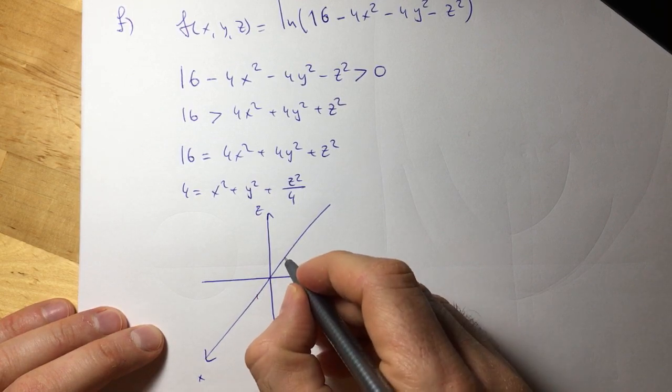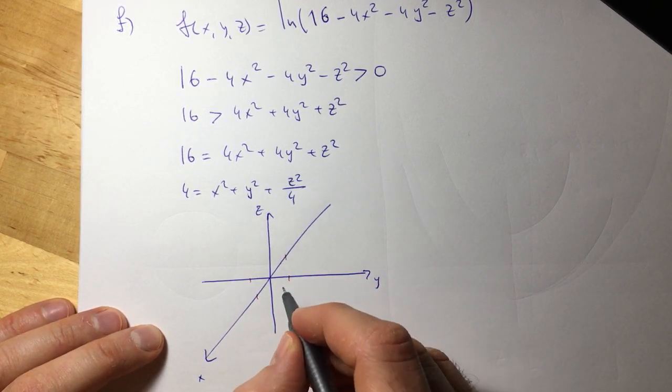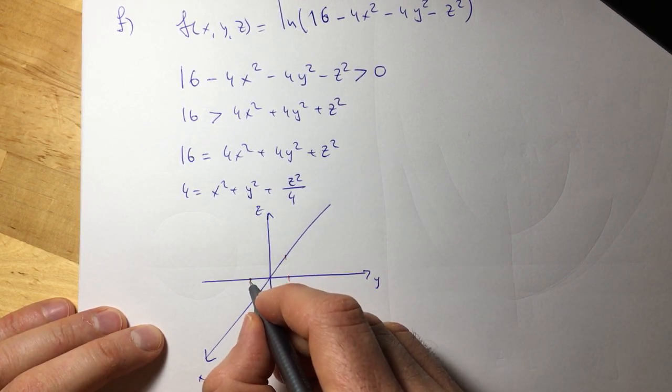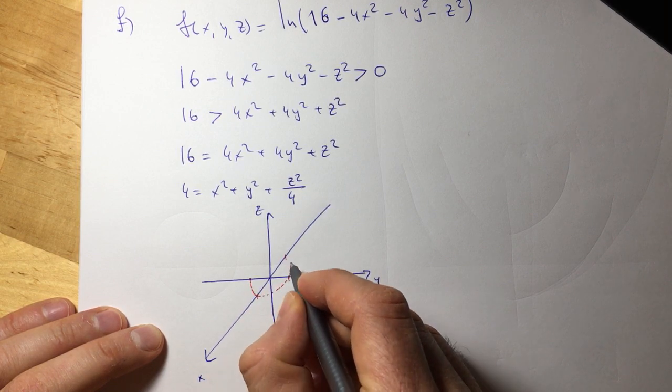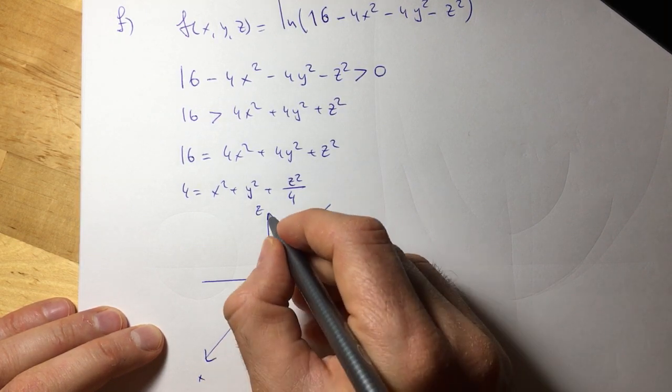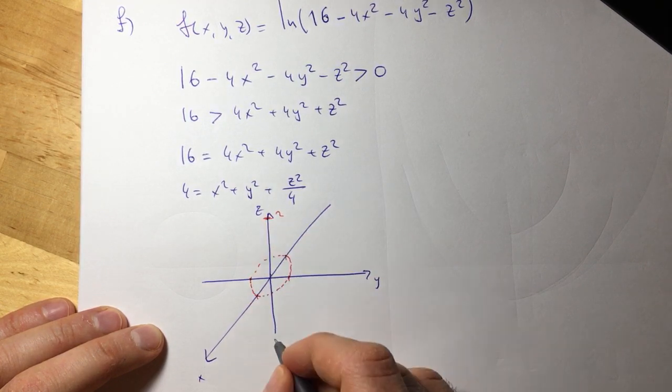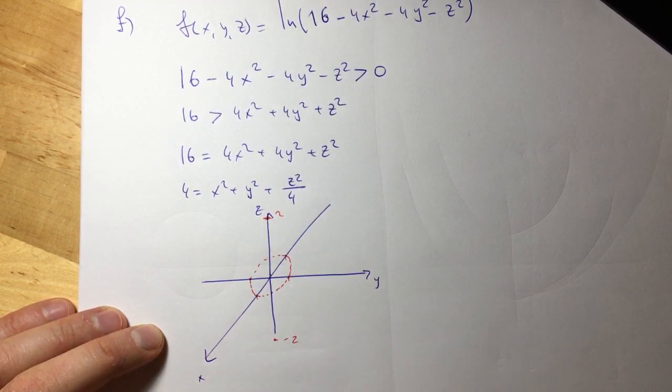And this is 1, negative 1, 1 and negative 1. And then here it's 2 and negative 2.